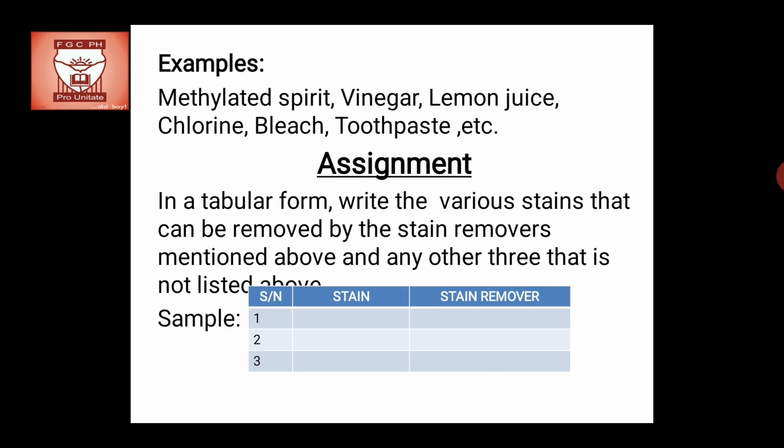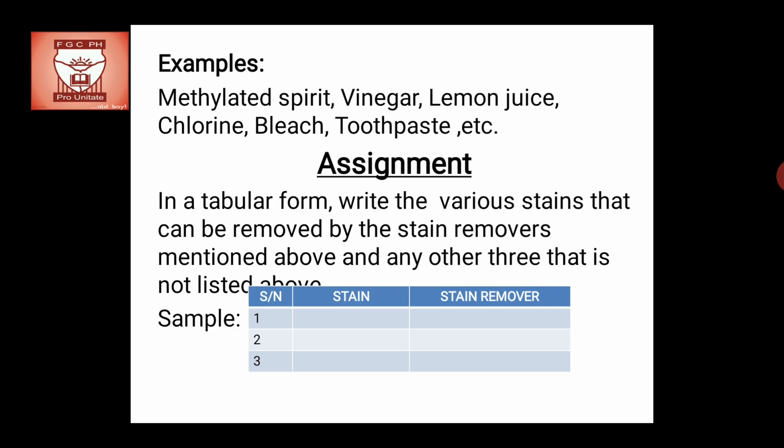We also have rust, tomato stains, coal tar stains, blood stains, and coffee stains. We even have vegetable stains that you can get from vegetables. We also have plant stains that you can get from maybe when you come in contact with plantains, the water, and other plants. So that is that for today's lesson.